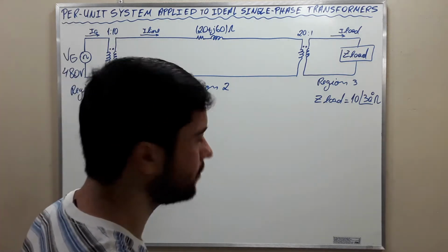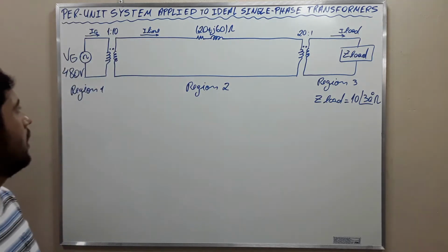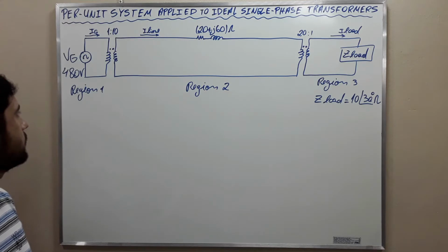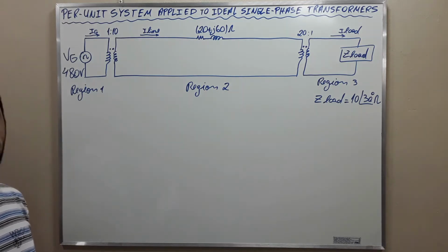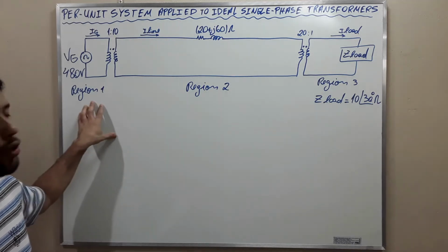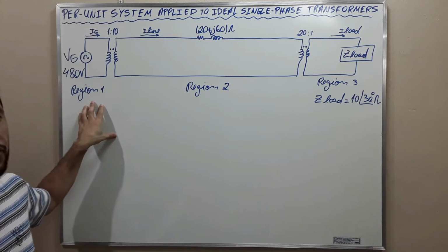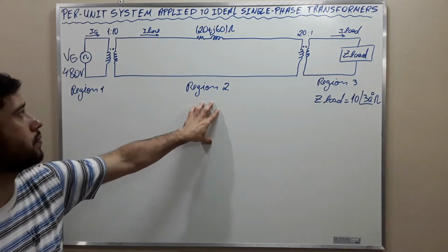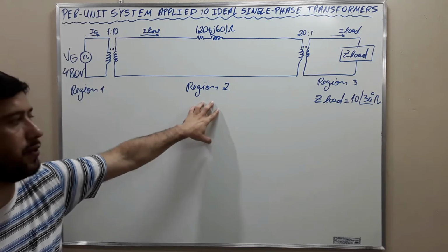Okay, my friends, the first step of the solution is to establish the base values for each region. Region 1, the generator side. Region 2, the transmission line side.